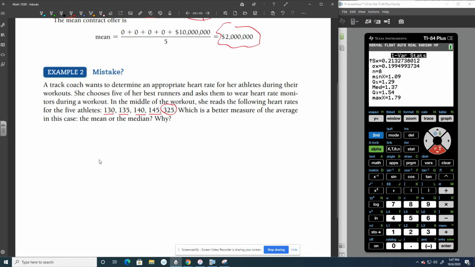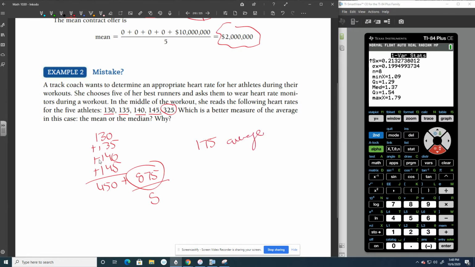So in this case, if I were to take the average of those, with that 325, what's going to happen is I take that 130 and add the 135 and add the 140 and add the 145. What does that get us? 265, 305, 350, 450. And then if I add that one in, now I'm at 875. So when I divide that by 5, we're at about 175 as the average.